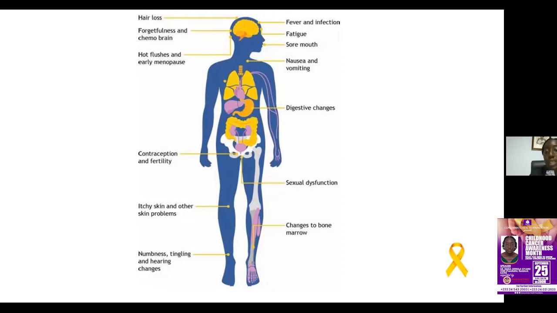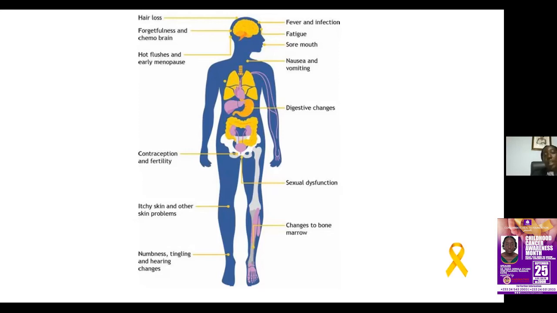I was explaining that the chemotherapy also targets rapidly replicating or dividing cells, and some of the cells that divide rapidly are our hair, our nails, our mucous epithelium.